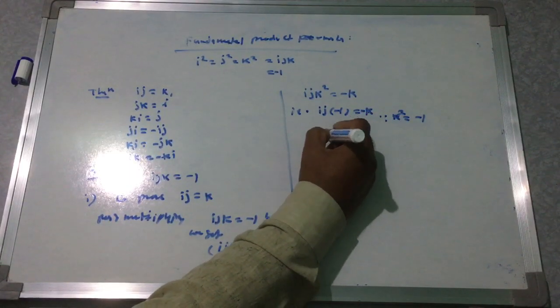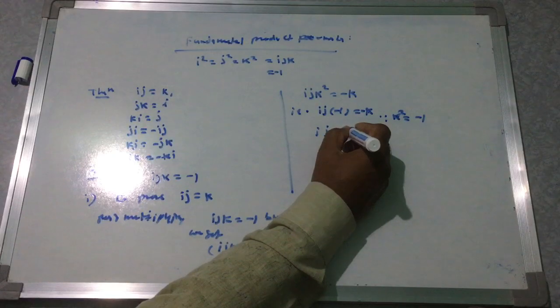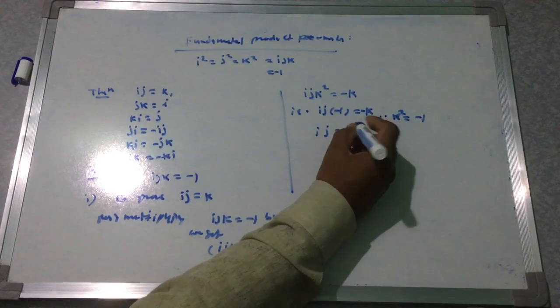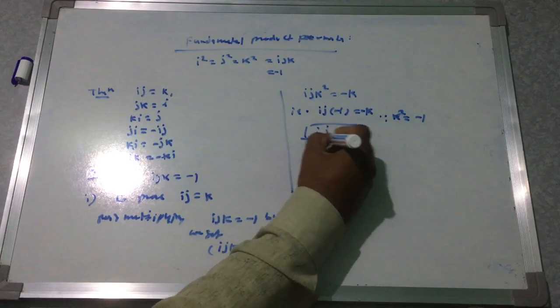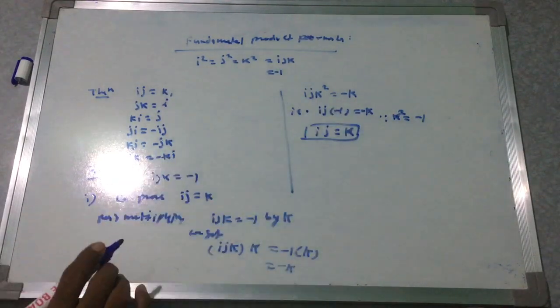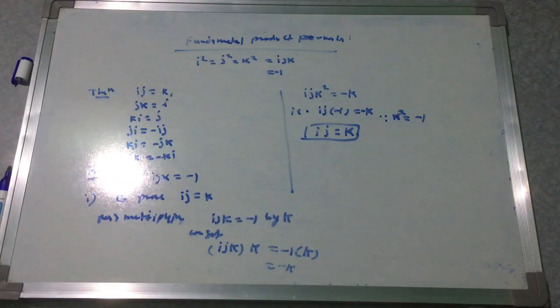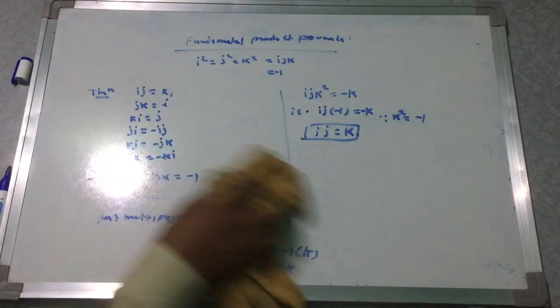It means IJ is equal to K. So we have the theorem and its proof.